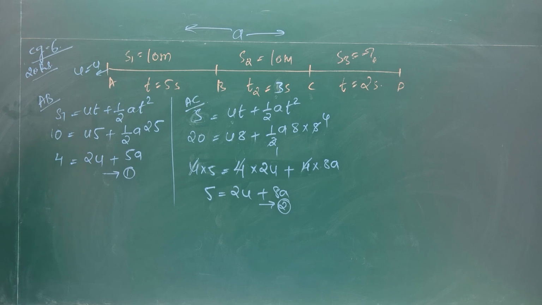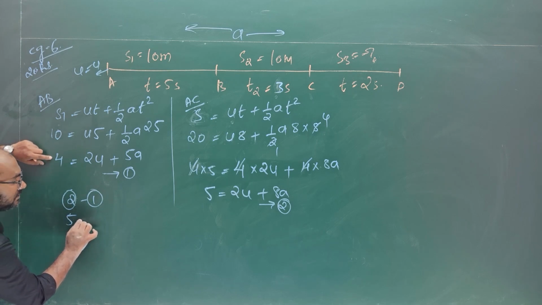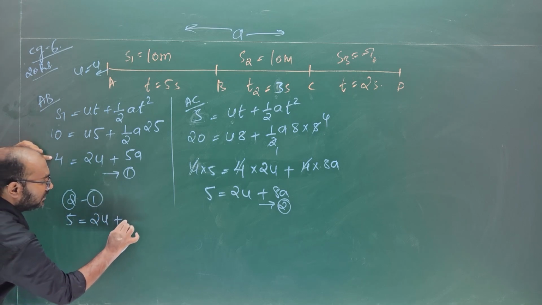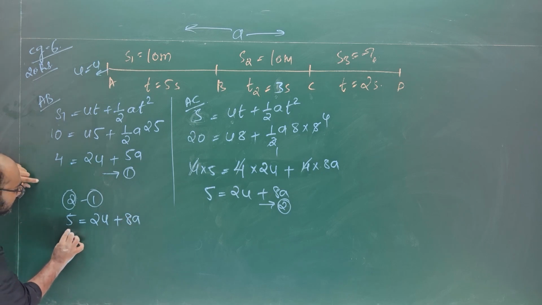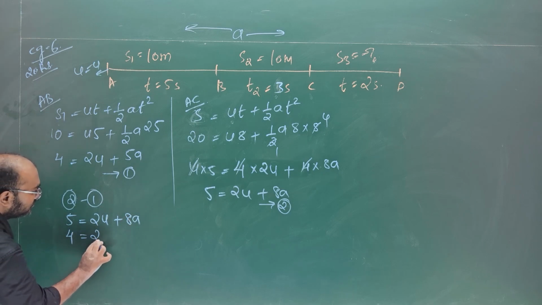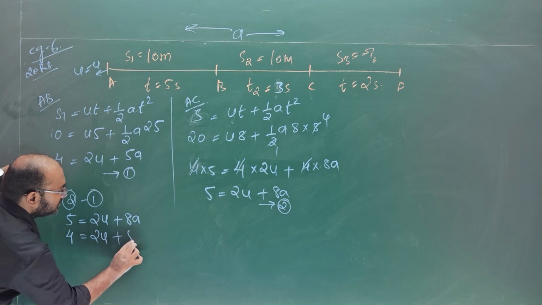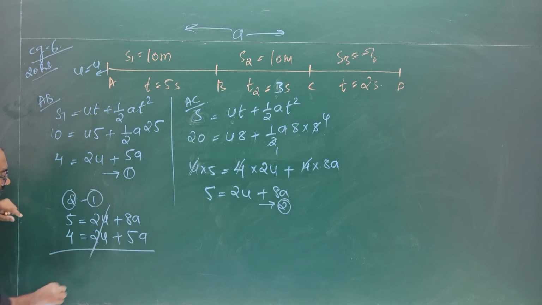Subtracting equation number 1 from 2. So 2 minus 1 will provide you 5 is equal to 2u plus 8a, and this is 4 which is equal to 2u plus 5a. Can I cancel these two?